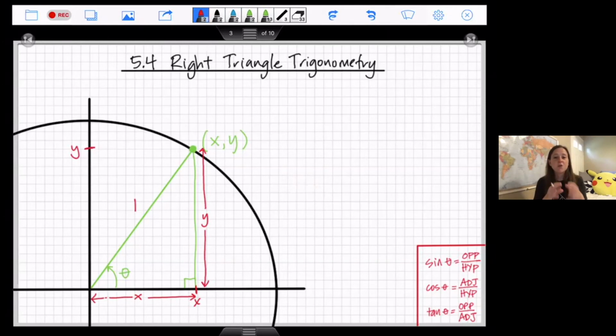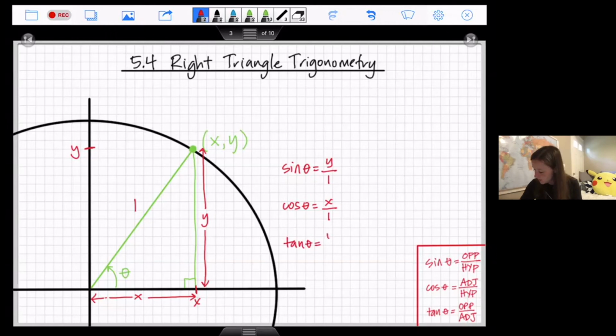Right, so if I use my new definitions of sine, cosine, and tangent with this green right triangle, sine of theta, I said, was opposite over hypotenuse. So the opposite side is y. The hypotenuse is 1. Cosine is adjacent over hypotenuse. All right, and then tangent is opposite over adjacent.